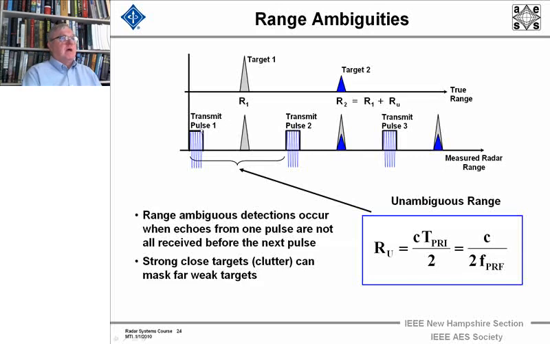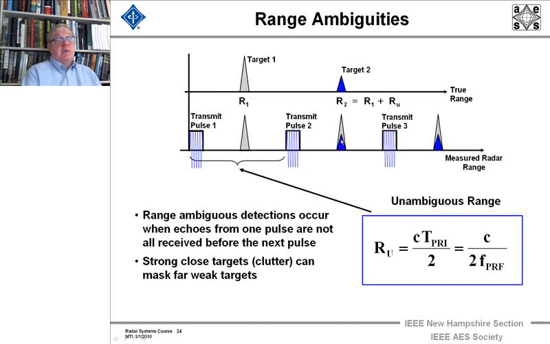So let's look and see. We've got a transmit pulse, and at range R1 away, we have a pretty large target. And then after a while, we transmit another pulse, and we'll get a detection in that same range cell.